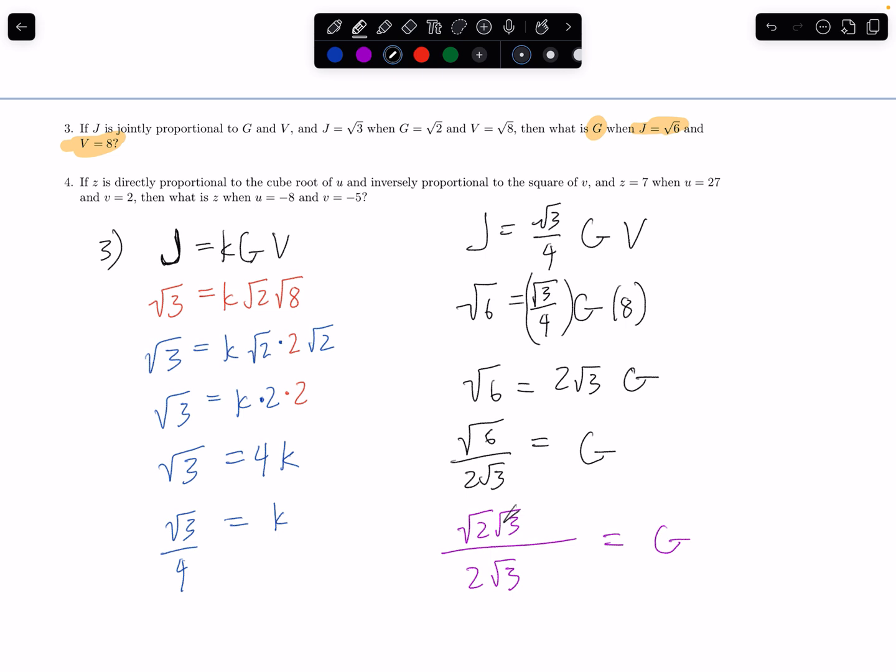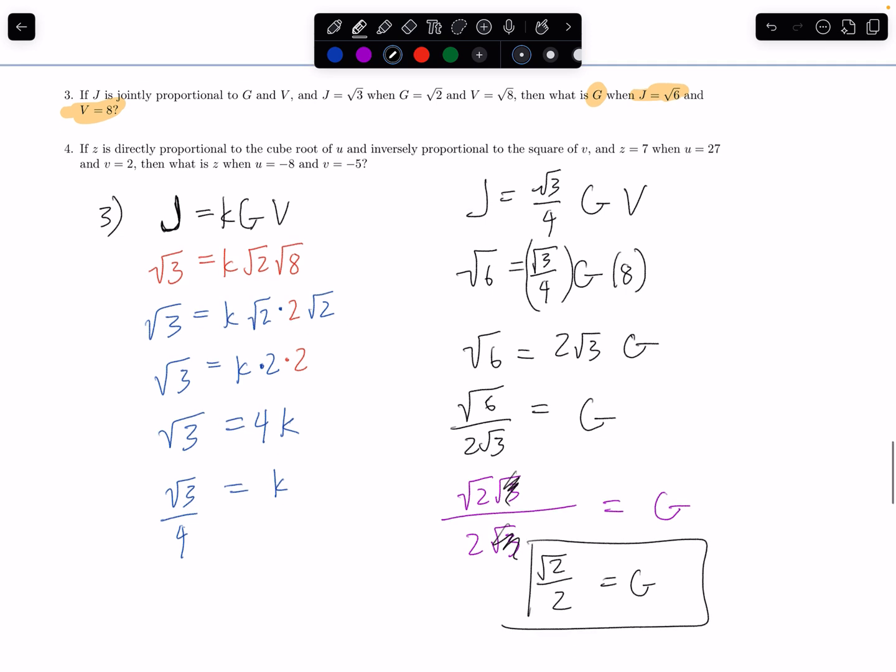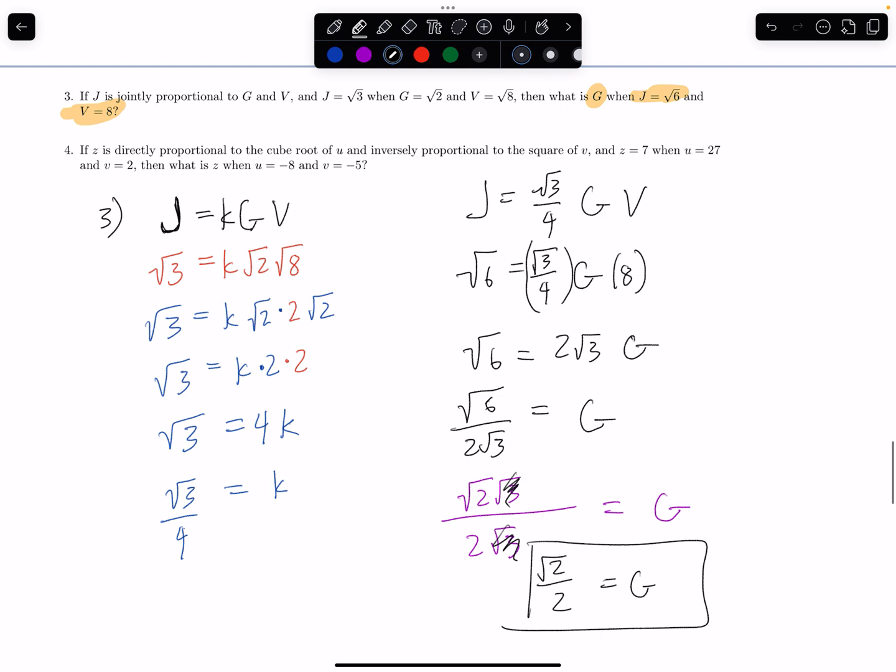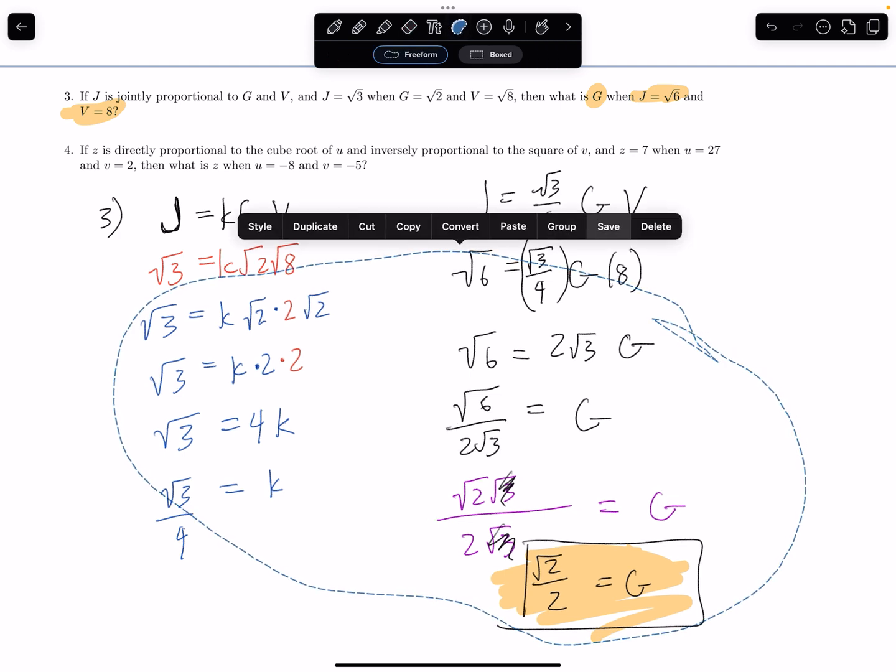Okay, so the square root of 3 just cancels out. So I've got G is equal to root 2 over 2. That's G. Okay, and that was question number 3. There's the answer. All right, let's do the next one.